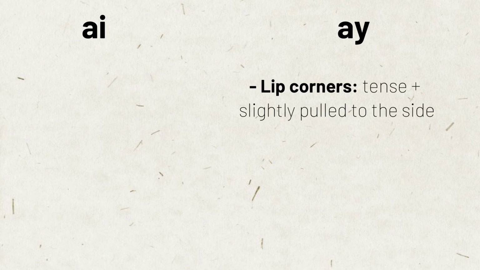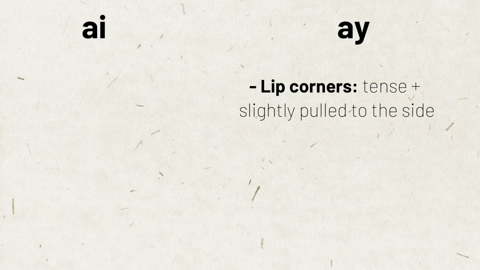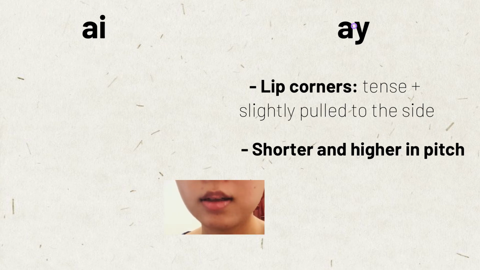Despite this, there are some small differences between them. First, when saying ay, your lip corners are a little bit more tense and are slightly pulled to the sides. Let's take a look again. Ay. Second, ay sounds shorter and higher in pitch compared to ai. Let's take a listen. Ay.